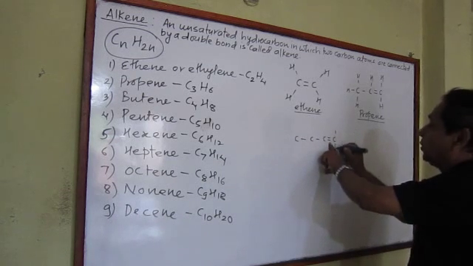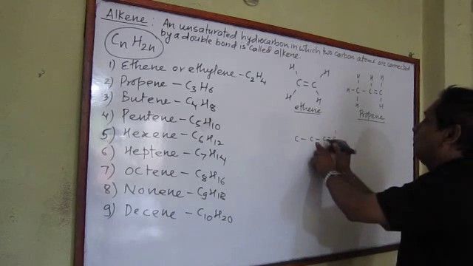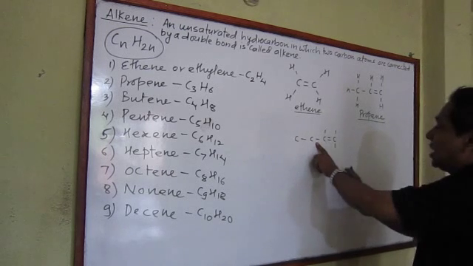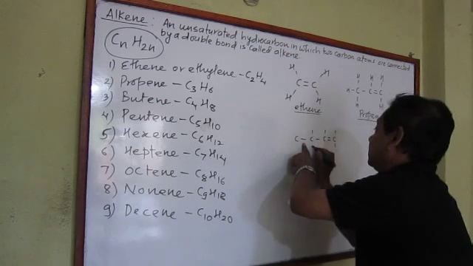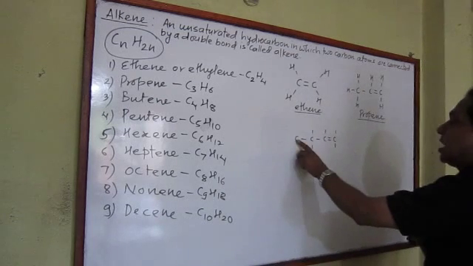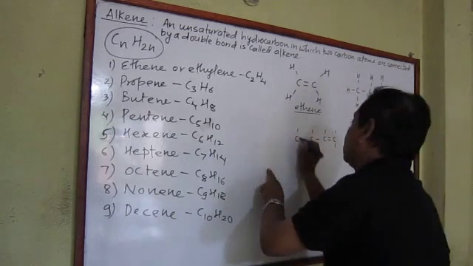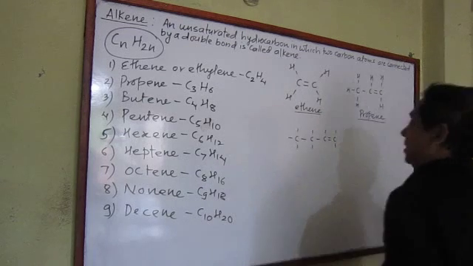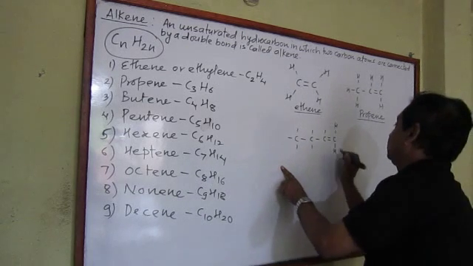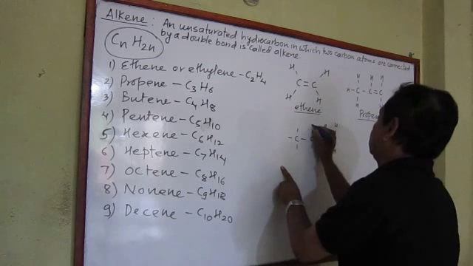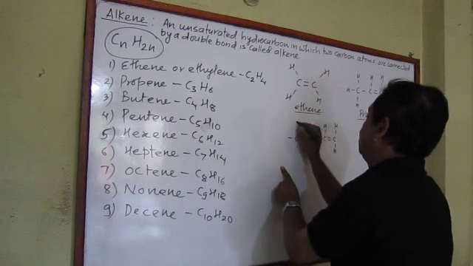That's why I took 2 bonds. Here, carbon has got 3 bonds. Now 1 more bond is needed. That's why I'm writing 1 bond. And this carbon has got 2 bonds. That's why it requires 2 more bonds. And this has got only 1 bond. That's why it requires 3 more bonds. Now, these are the bonds with hydrogen. This is butene.